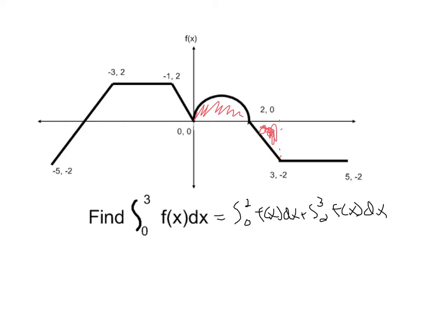Which is to say it's just the area of that circle, which we found in yesterday's lecture to be pi, minus, because remember, area below the x-axis is negative, 1/2 the base, which is 1, times the height, which is 2, so it's just pi minus 1.